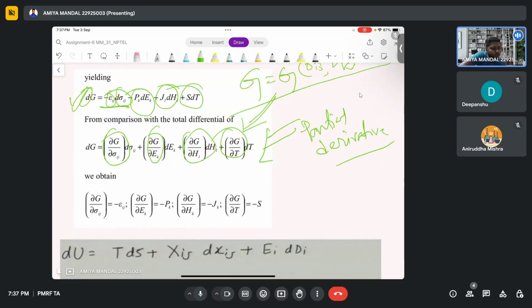Based on these two relations, we can now find that sigma is equal to del G del sigma.